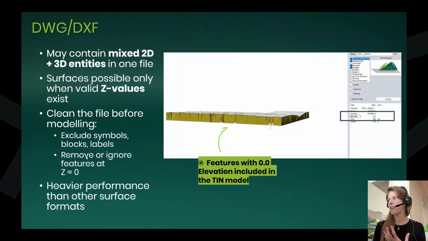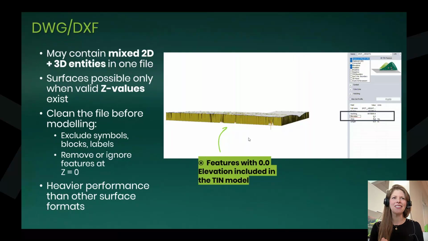But on import, they are being labeled as modeled, which means you go to create your TIN surface and you end up with this crazy, slice of bread looking topo surface with spikes going down to 0 elevation. So it's really important when working with DWGs and DXFs to be aware of what's in your file.